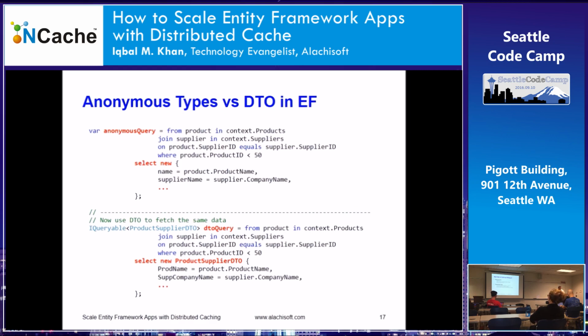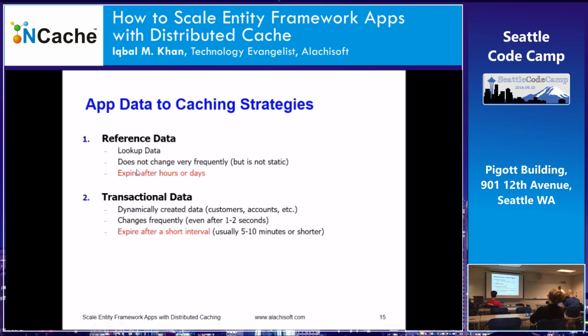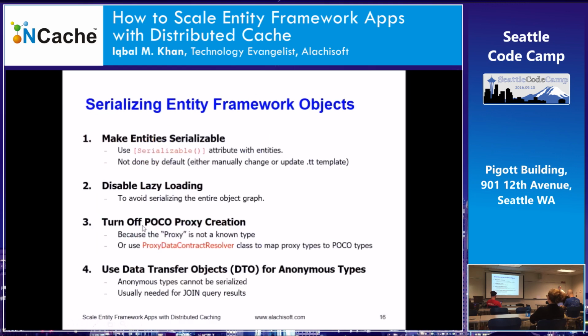So you need to make sure that all the types that you're using are concrete types. I mean, the same issue happens outside of EF if you're using generics, for example, that you cannot really cache generics until you instantiate them into concrete types.